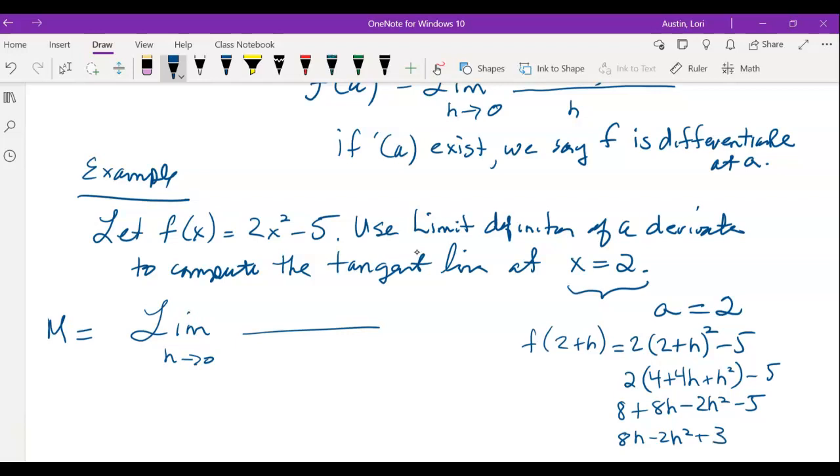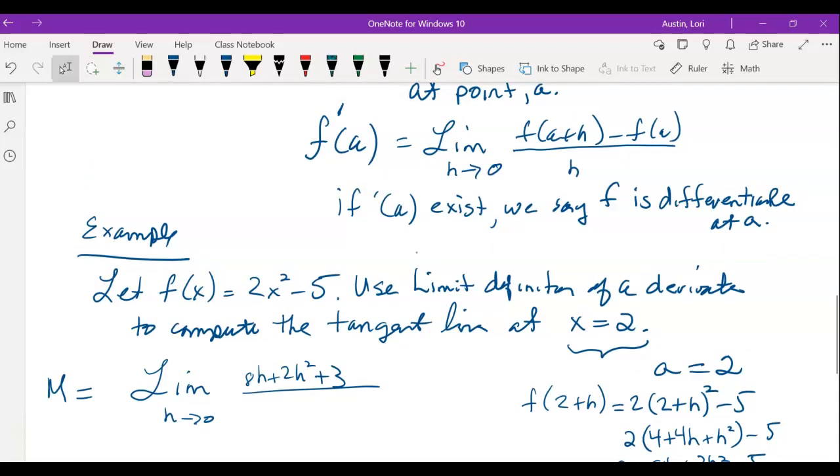Did I make any mistakes? Make sure I didn't make any mathematical errors. I don't know why I switched to minus, right? Is that better? You like that better? Okay, good. It is 8 minus 5 though, yes. 3. All right, so I'm going to put that in. 8h plus 2h squared plus 3.